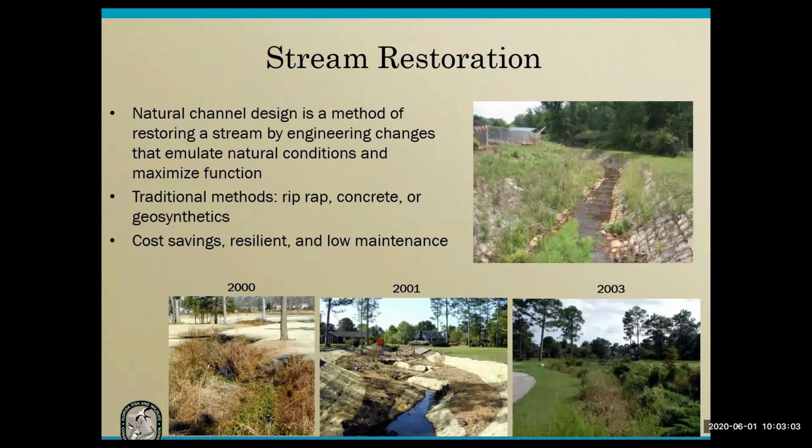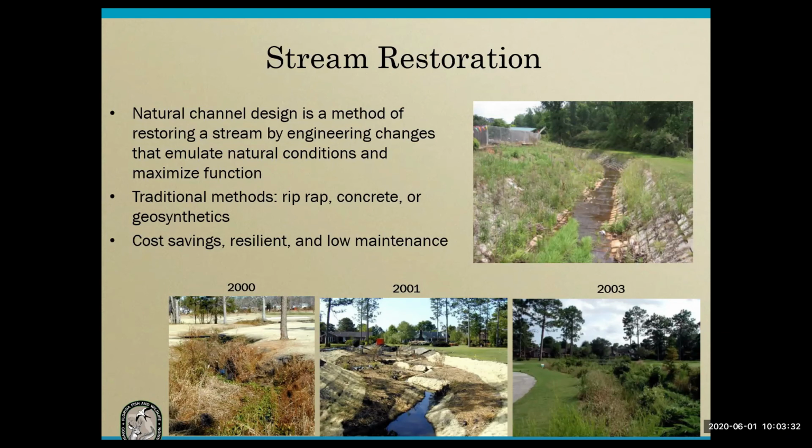Lastly, I'll tell you a little bit about how we would restore if we were going to do large-scale restoration, and then how we're going to restore our particular sites. As I mentioned earlier, David Rosgen has pioneered this method of restoration known as natural channel design. Basically it's a method of restoring a stream by engineering changes that emulate natural conditions and maximize function.